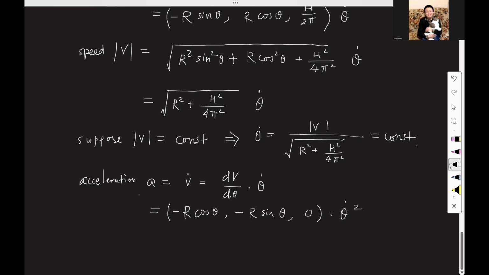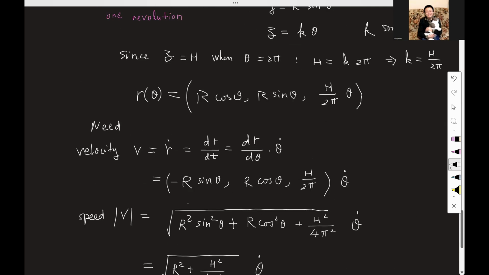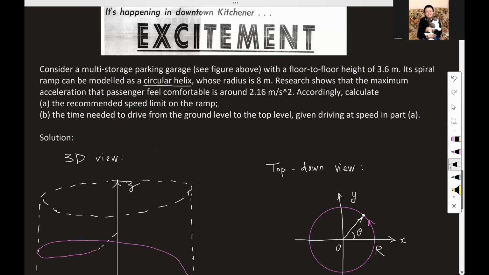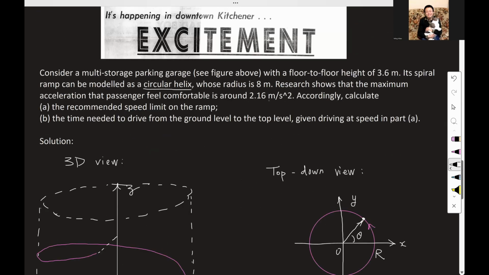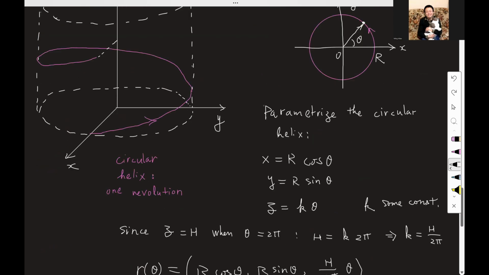So this is the acceleration. The information regarding the acceleration says this: the research shows that the maximum acceleration at which passengers feel comfortable is around 2.16 meters per second squared. So this must refer to the magnitude of the acceleration.